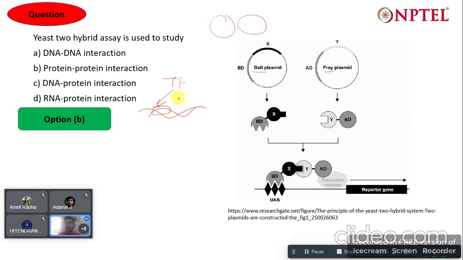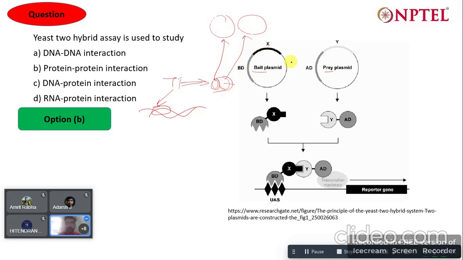A transcription factor has two components: one is the DNA binding domain, and the other is the activation domain that activates the other transcriptional machinery further. So what happens is we fuse the DNA binding domain to one interacting partner protein, and the activation domain to the other interacting partner protein.